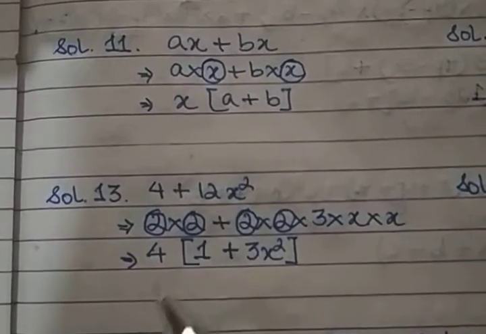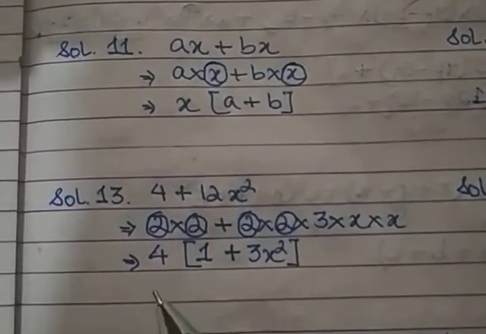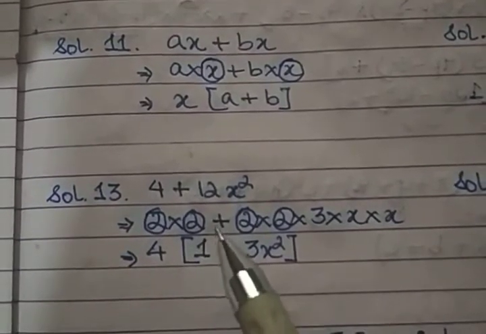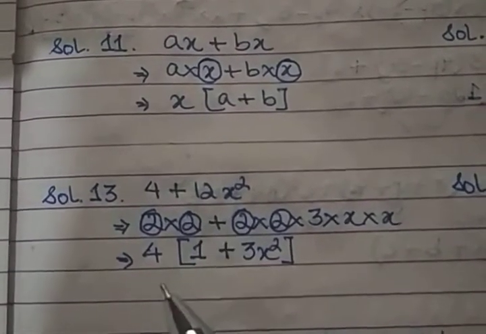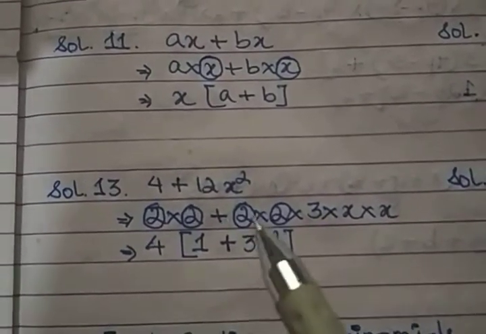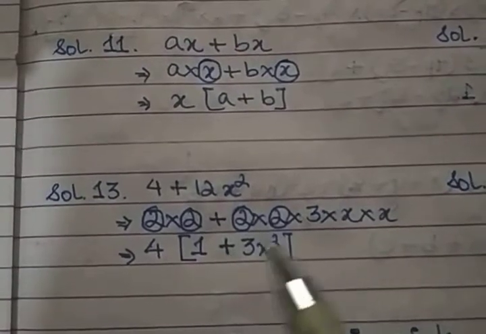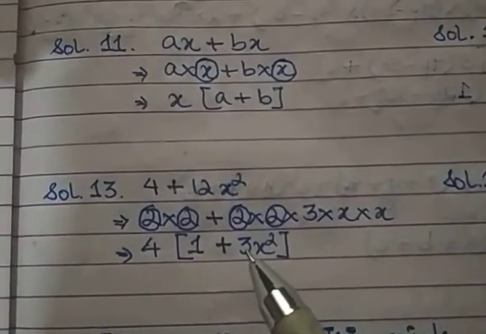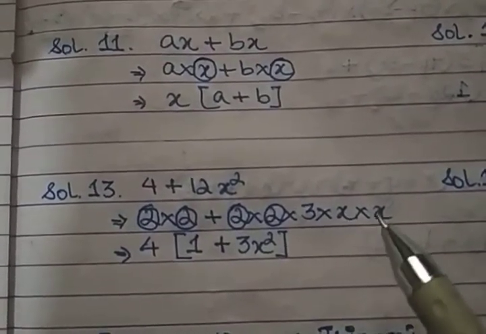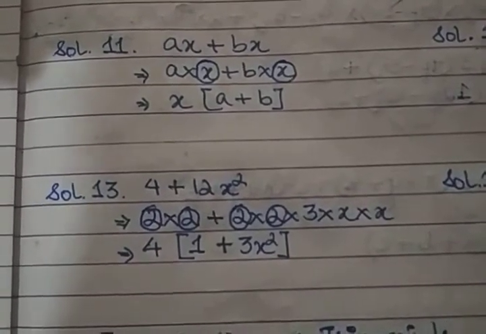So what's left from the first term? It's not 0, remember. There will always be 1, because we can simply write into 1 as well. Into 1 doesn't change the value. So from the first term, 1 is left, plus remains as it is. From the second term, I have 3 as the constant term, and both the variables left, that is x into x, x squared. So that's our answer.